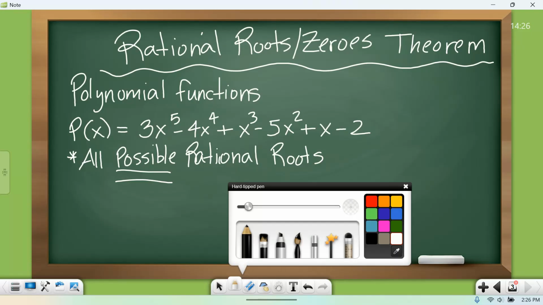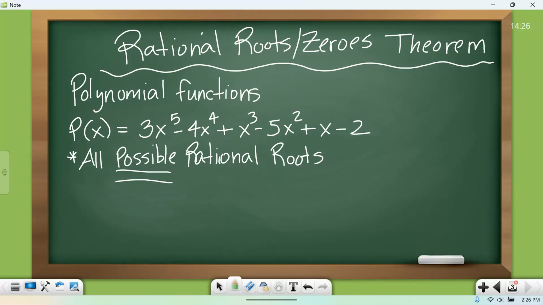So here's what we're going to do. The first thing we're going to do is label some things. P is going to be your constant term. Now we know in a function, the constant term is the one without a variable attached to it. It's called constant because it never changes.